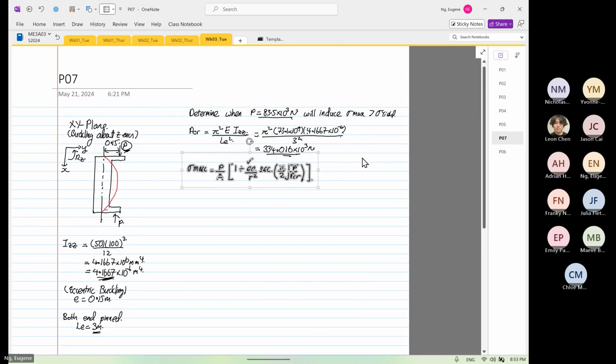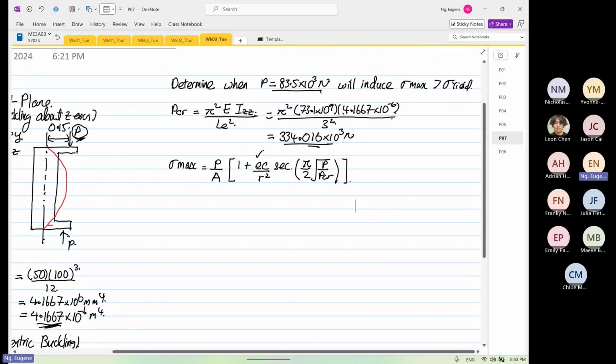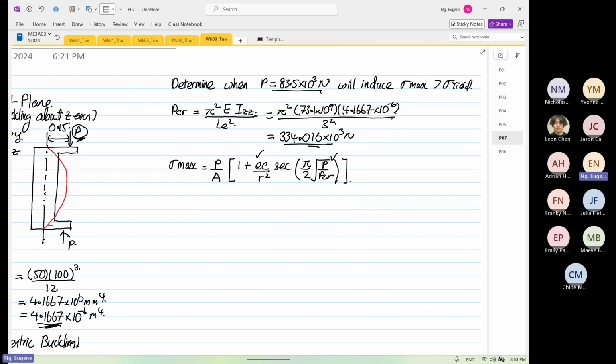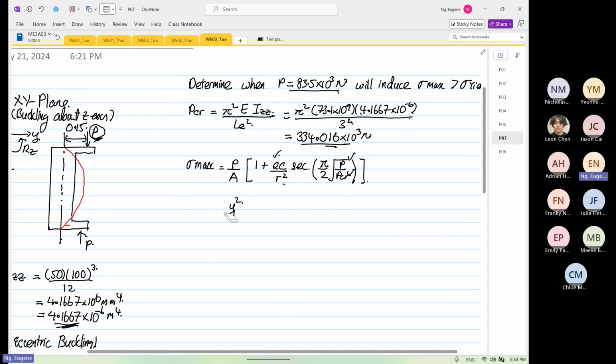Okay. So we have our P, we have our PCR, we know our E. R squared, we don't know for now. We know that IYY is equal to A RY squared, no, ZZ.